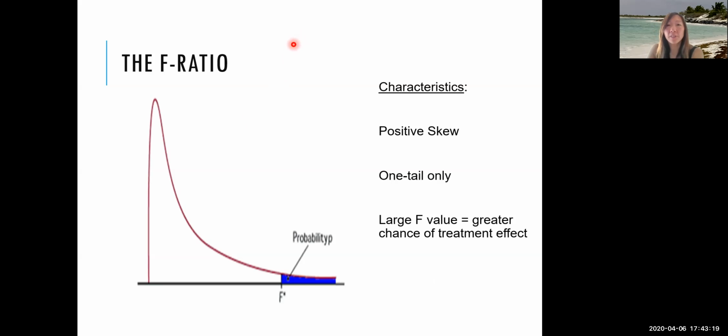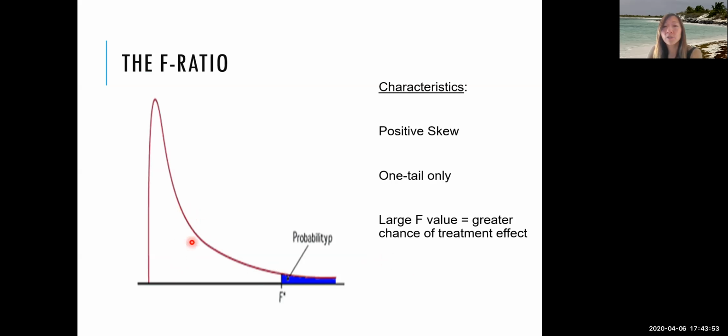The null hypothesis mean was 0. Remember, post treatment, we didn't want our sample to be around 0. We wanted it to be in the tails. However, with our F ratio, the null hypothesis is represented by 1 and not 0. That's why we have this skewed distribution, okay?